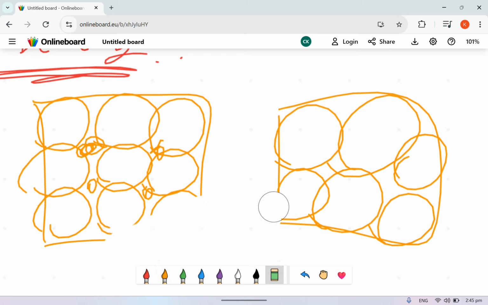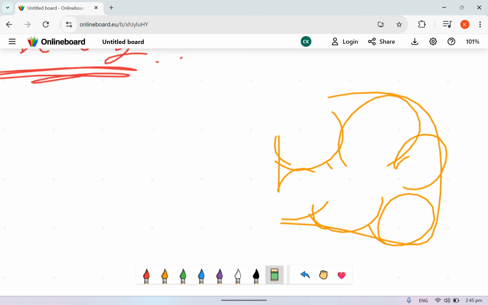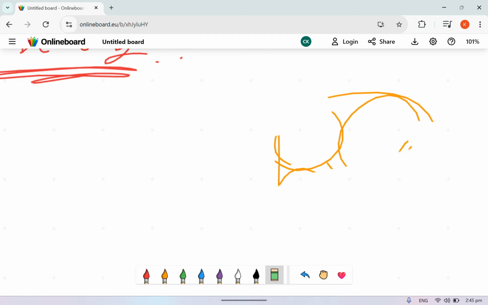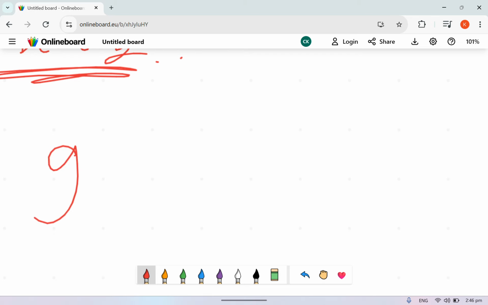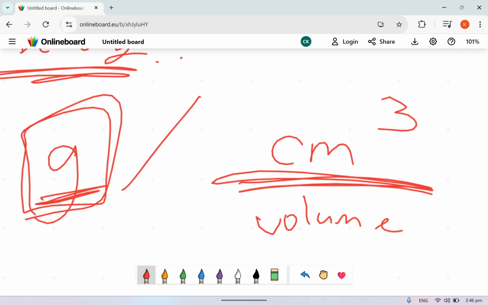That is literally how we call it. It's kind of hard to explain, but it basically means how much mass you can pack inside this volume. That's why we say grams per this. In this amount of volume, how much mass can you fit inside?